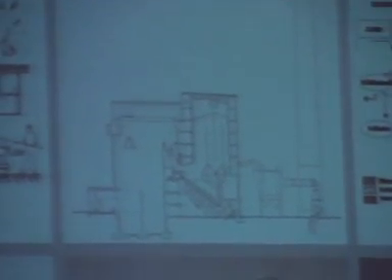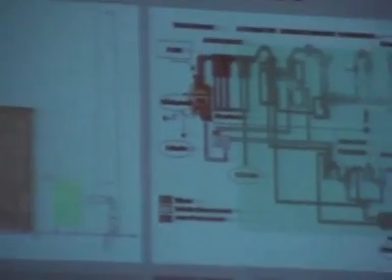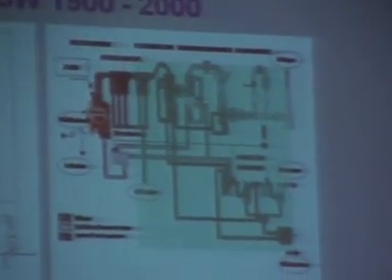On top you see the actual furnace. And if you watch the picture closely, the furnace is painted in red, and the flue gas cleaning in green. And you see that in 1896 there was no flue gas cleaning.